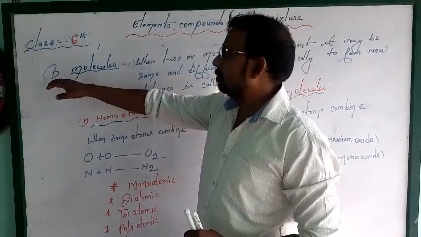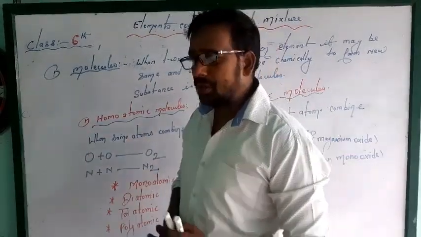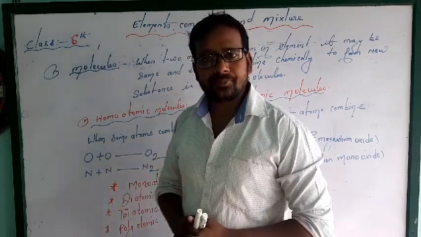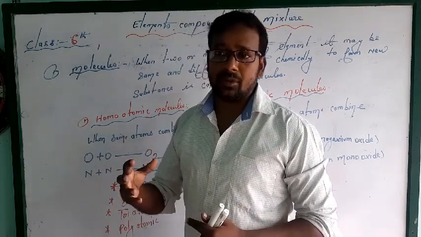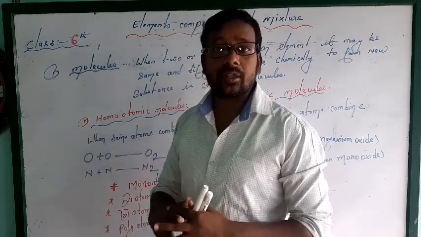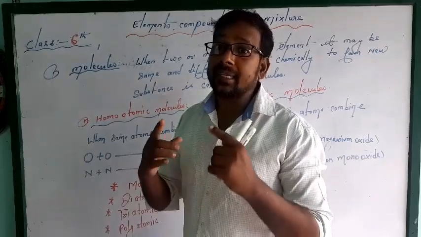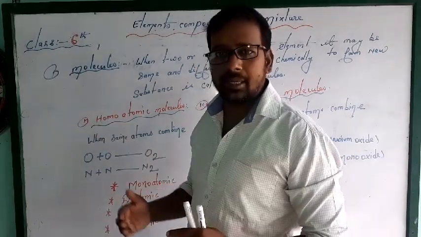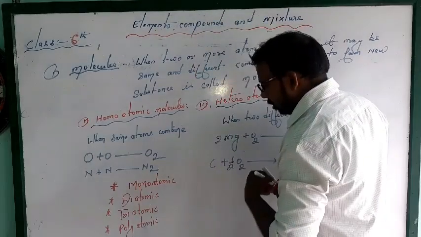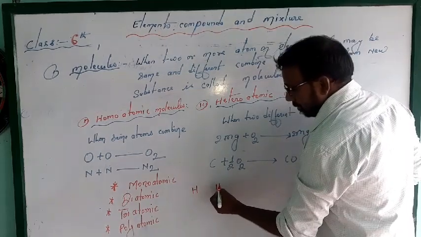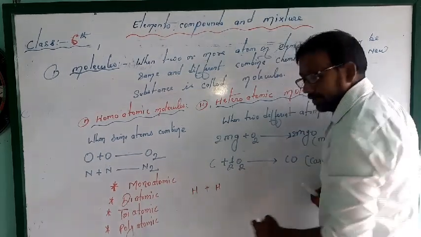So here we'll talk about molecules. What is a molecule? When two or more atoms, from the same element or different elements, combine chemically. Suppose here is an atom of one hydrogen and here is an atom of another hydrogen.